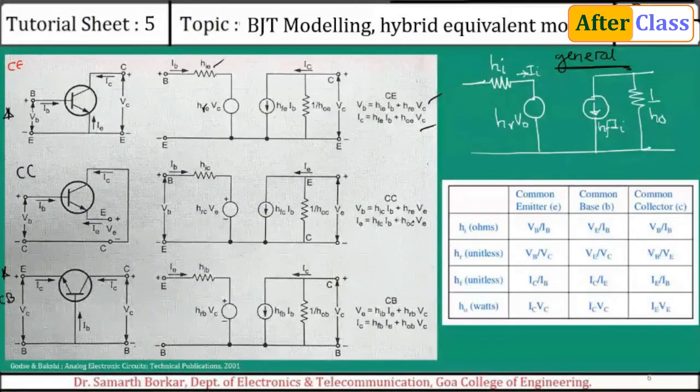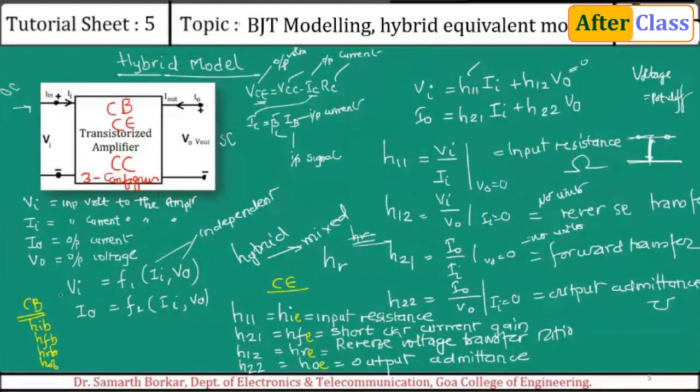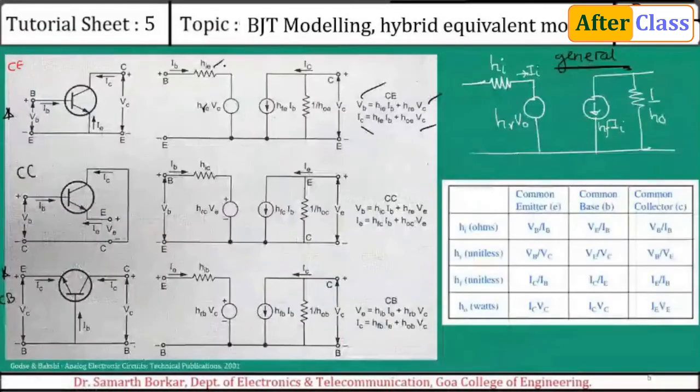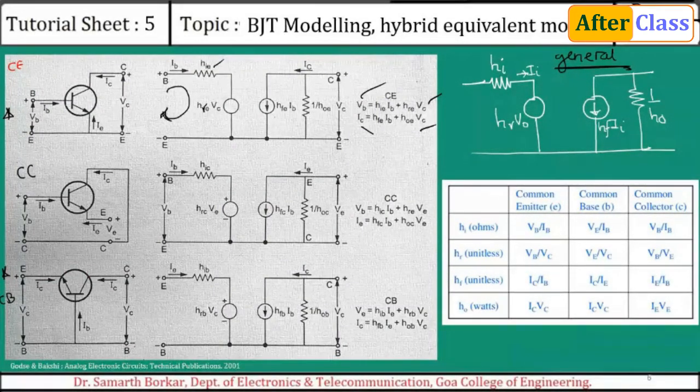HIE into IB. Now, what you can make out from here, there are two equations. One in terms of input voltage, and secondly, in case of output current. Look here. We are representing this in terms of input voltage and output current. Try to understand this. So if I want to write the equation for the input loop, apply the KVL. This circuit is supposed to be complete. So it will be a product of HIE into IB.